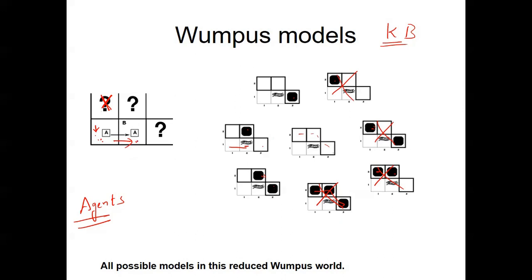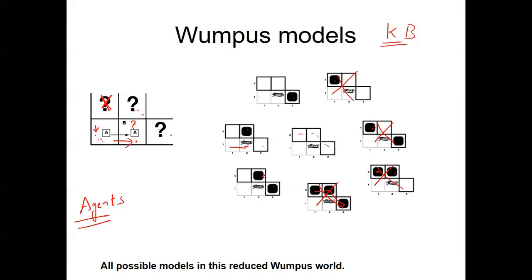Is that fine? And one more thing, when the agent comes here, the agent is experiencing a breeze. Which means that for sure the agent knows that there is a pit either here or here.